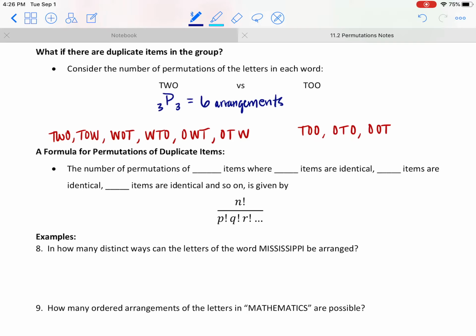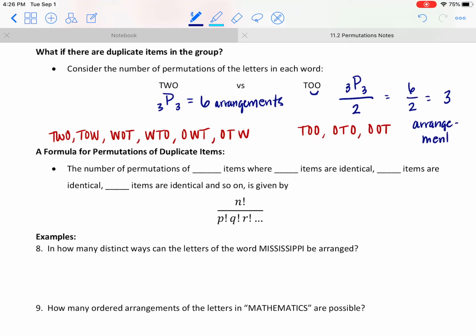And that is because if we have something that repeats, we have to divide out how many times it repeats. So this should have been 3P3 like we had before, but we want to divide that answer by 2 because the O here repeats twice. So if I took the 6 and divided by 2, then I would end up with the 3 arrangements.